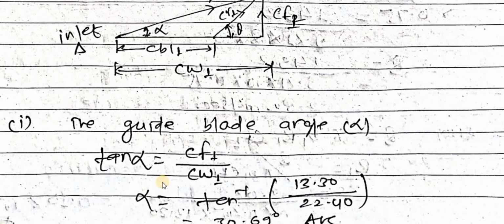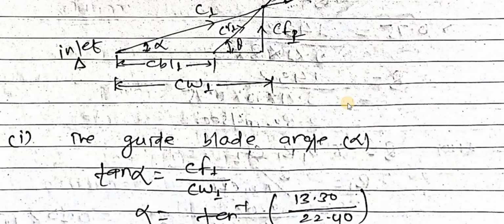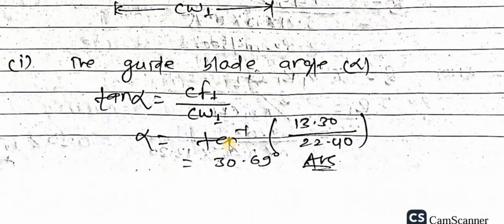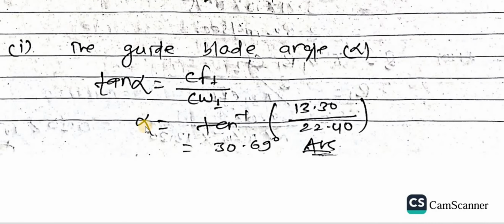From the figure, tan alpha equals Cf1 upon Cw1, as we know tan theta equals perpendicular by base. From this right angle triangle, we get tan alpha equal to Cf1 upon Cw1. Then the value of alpha is 30.69 degrees.